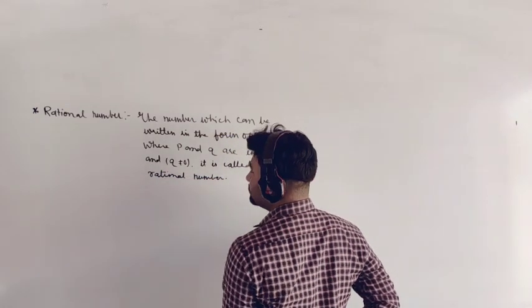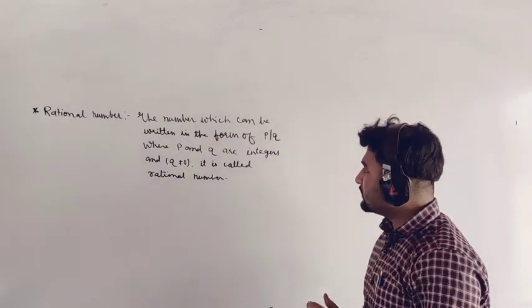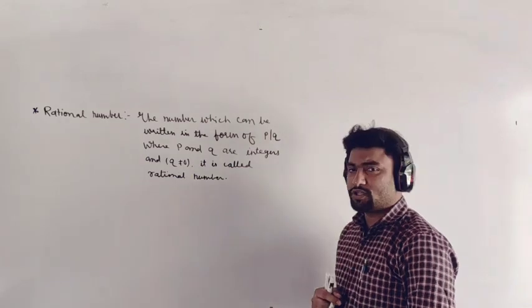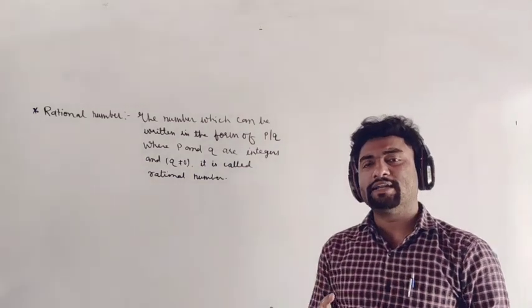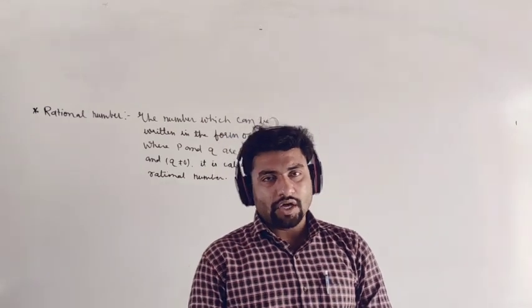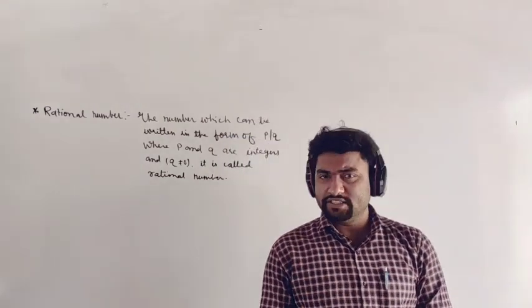Any number that can be written in the form of P upon Q, where P and Q are integers, is said to be a rational number.